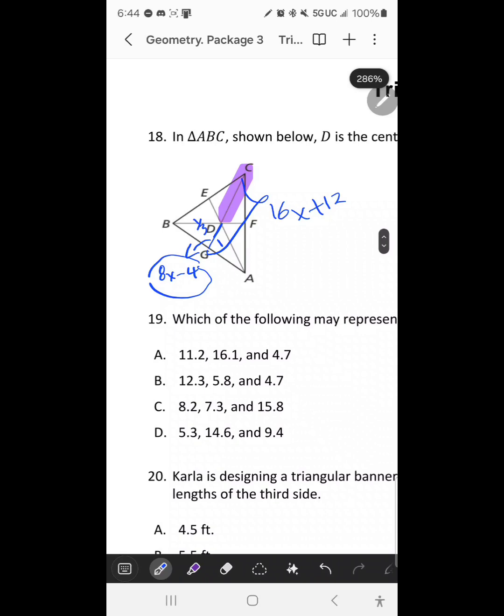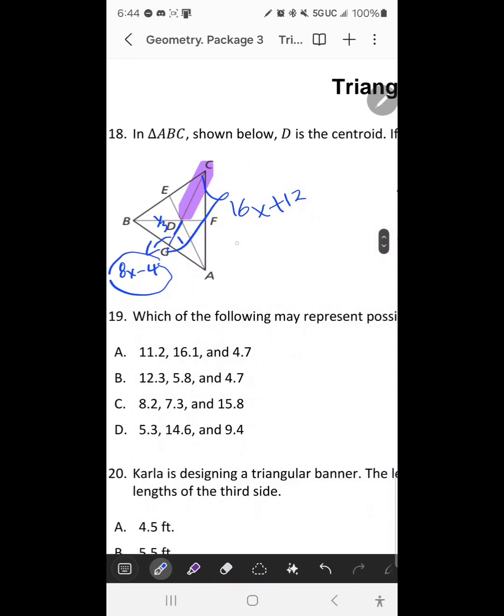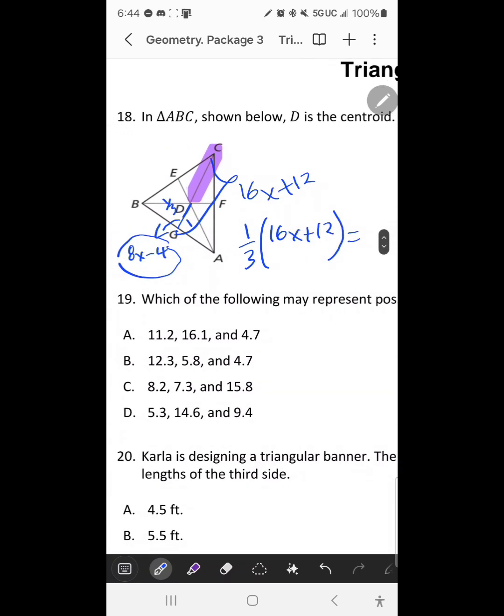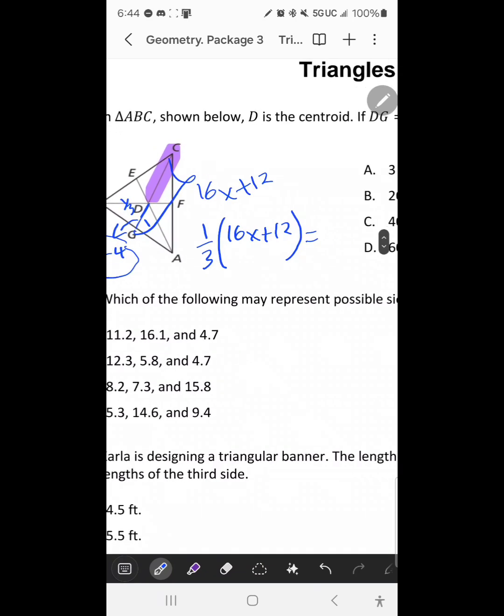As I was saying, this one is 1/3 of the long one. So 1/3 of 16x plus 12 is going to be equal to the little side, which is 4x minus 4. I'm going to multiply both sides by 3, so it's easier to work with.